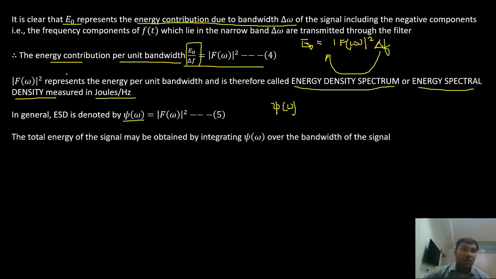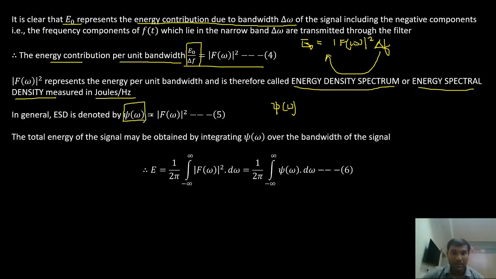So how will I get the total energy of the signal? The total energy of the signal is obtained by integrating my energy spectral density over the entire bandwidth of the signal, right? So if I integrate my energy spectral density over the entire bandwidth of the signal, I'll get my total energy of the signal.